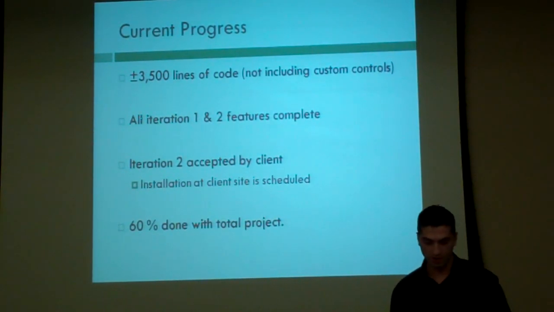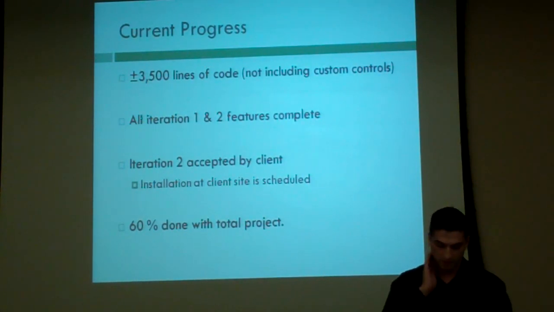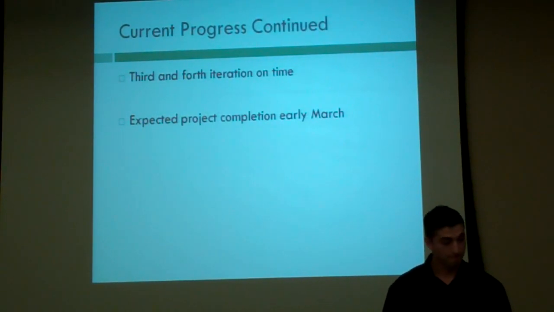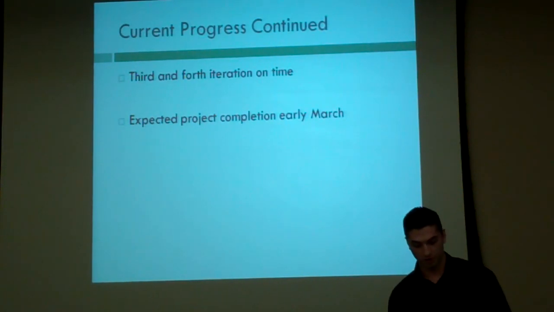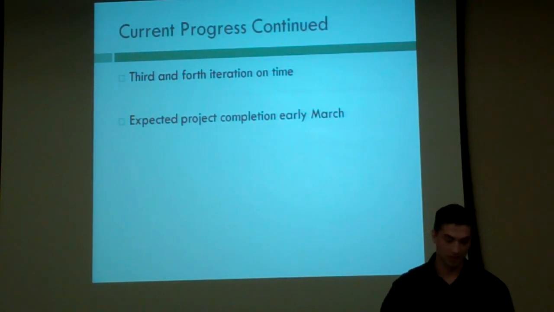With our most recent iteration complete, we estimate that 60% of the project is done. Our third and fourth iterations are on track to be completed within our scheduled deadlines, and delivery of our final product will be in early March.